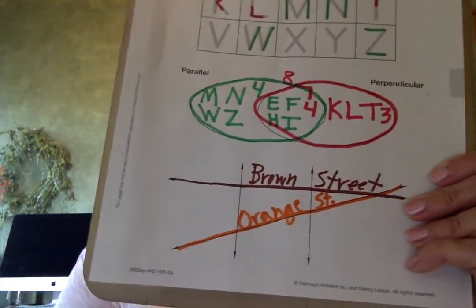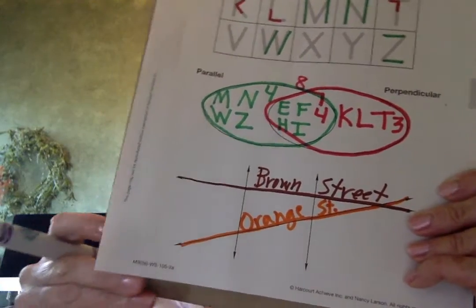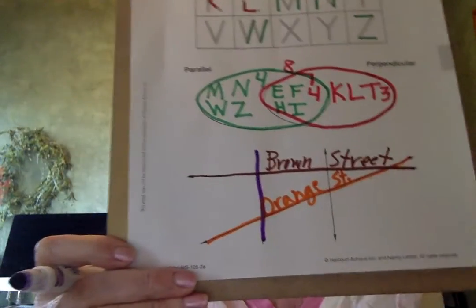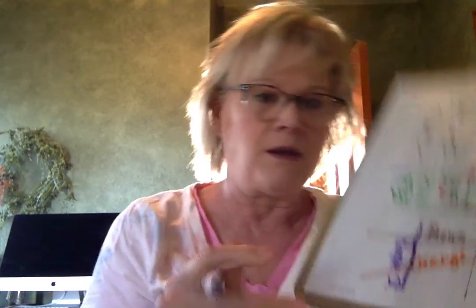Now we're going to trace the vertical line on the left using purple. So it looks like this. And guess what we're going to name it? Oh, you're so right. Purple Street.